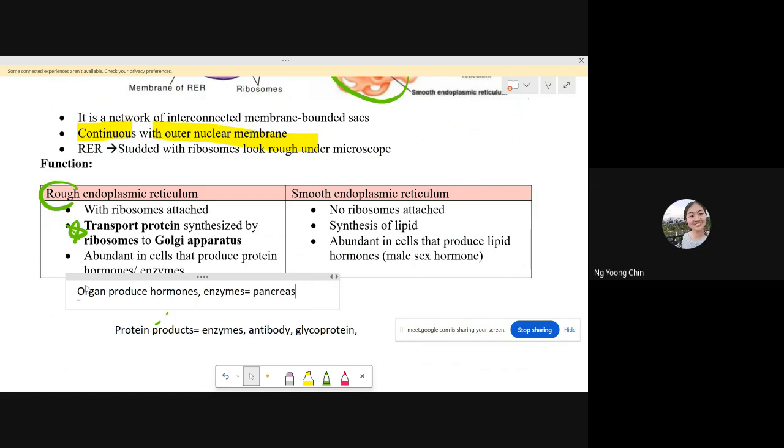Pancreas, right? Later we'll learn more. Because the pancreas produces a hormone. Do you know what kind of hormone the pancreas produces? Insulin. Yes, pancreas produces insulin. And also, pancreas produces a lot of digestive enzymes, right? They produce lipase, amylase. You learn more, okay?